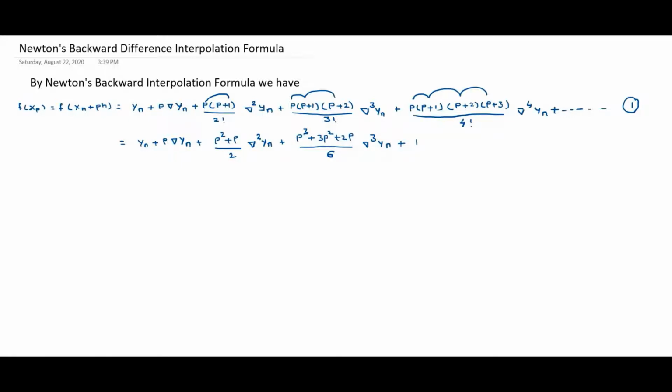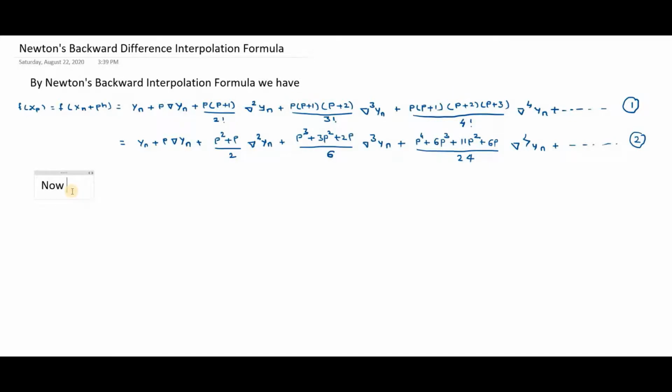If you simplify, you will get p raised to 4 plus 6p cube plus 11p square plus 6p divided by 4 factorial is 24 into del raised to 4 yn plus and so on. Say this is equation number 2.